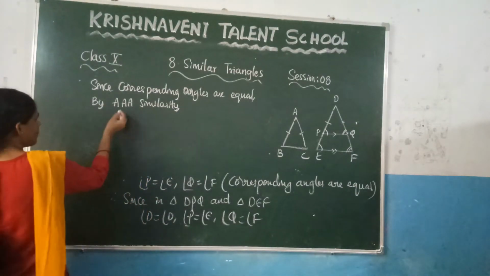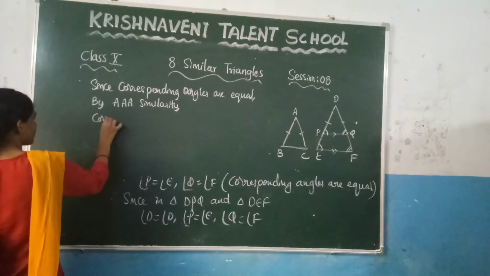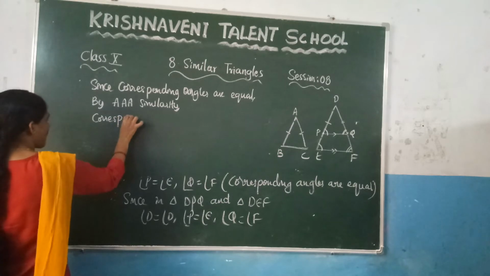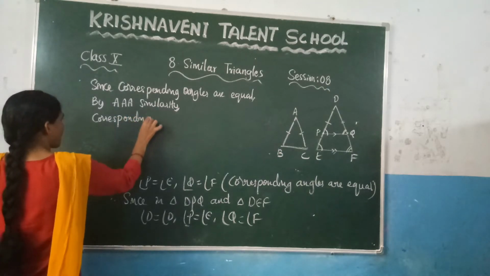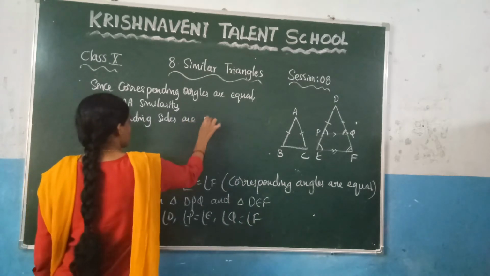So write it here, by angle similarity, corresponding sides are proportional.